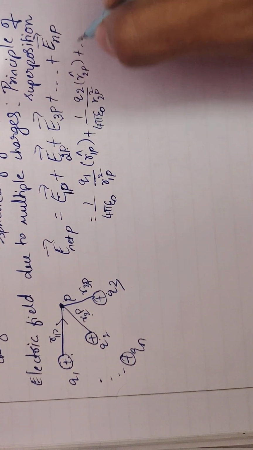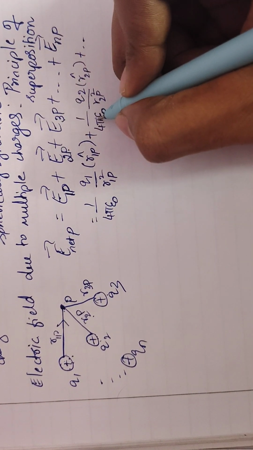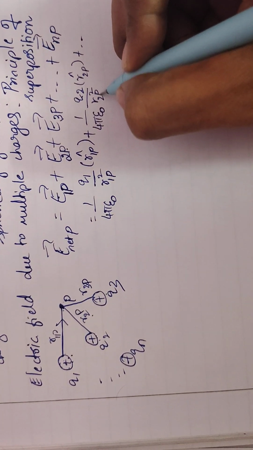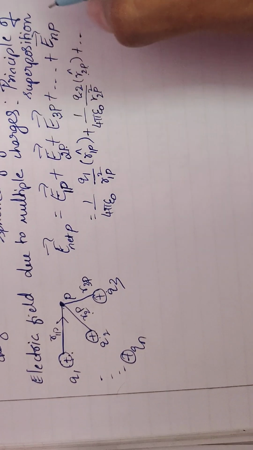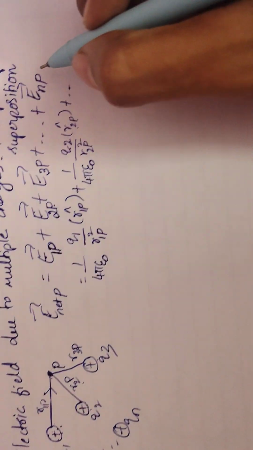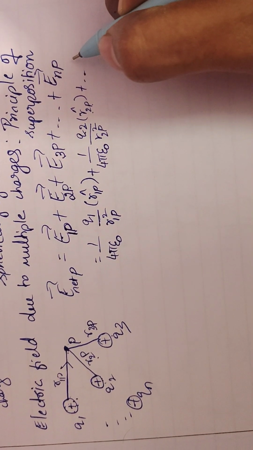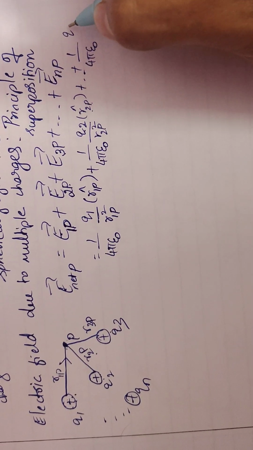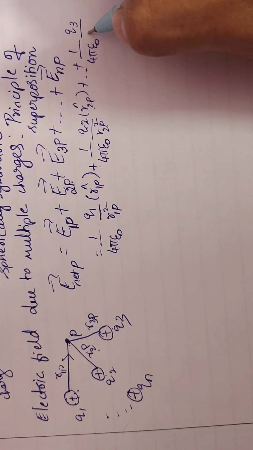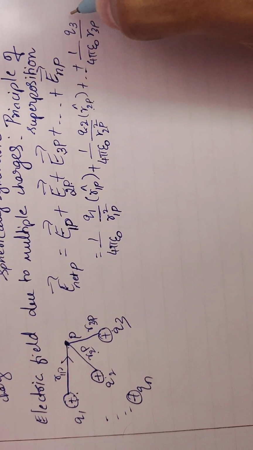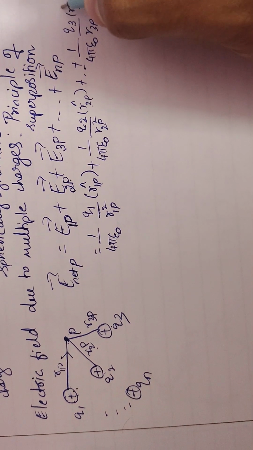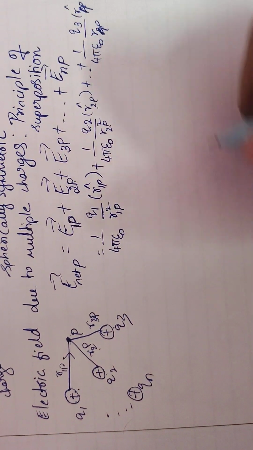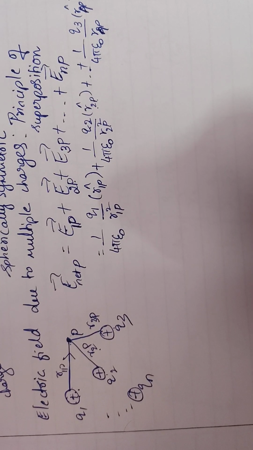Okay, similarly for E3p, this constant term will remain same, but here it will be q3 by r3p square into r3p cap. Now I will directly write it for nth charge. Okay, for nth charge it will be 1 by 4 pi epsilon naught qn divided by rnp square into rnp cap. Fine.